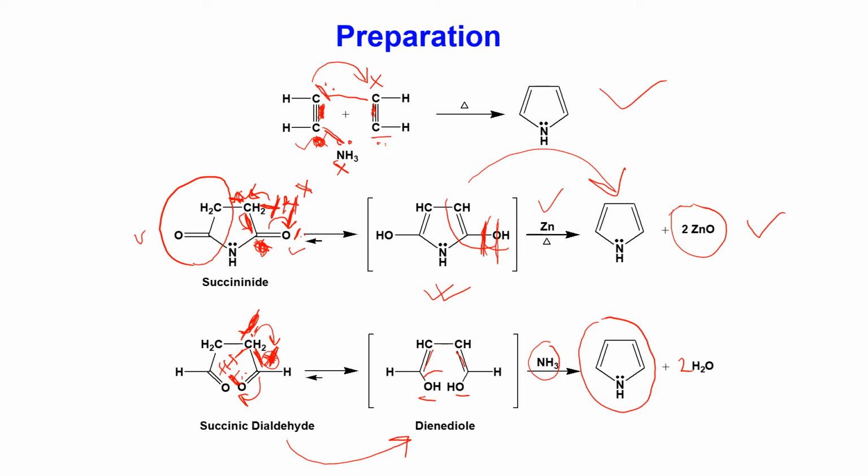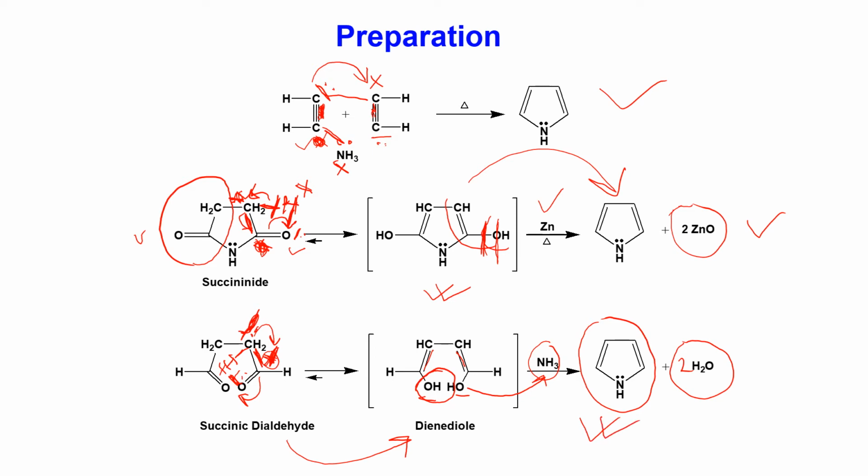During the separation of 1 molecule of water, here will be 1 molecule of water, and the ammonia will replace this position, and this oxygen and 2 hydrogen from ammonia will form another molecule of water, that is 2 molecules of water will be released during this reaction, and we will get pyrrole.